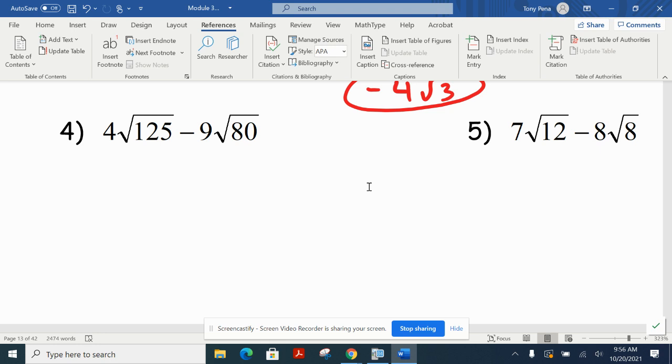Where's your sheet about the perfect squares? So the only thing we really want to investigate are the numbers 4, 9, 16, 25, 36. Those are all perfect squares.